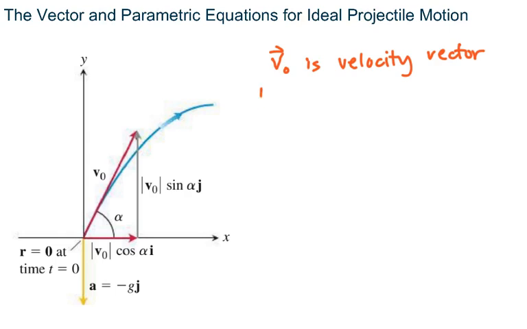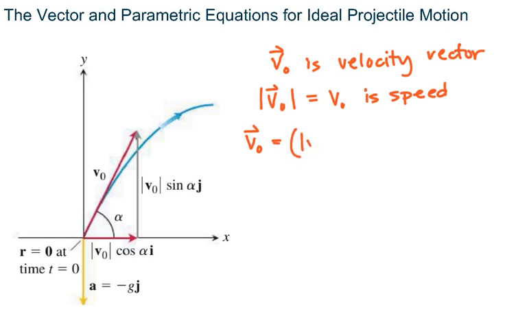Now, one thing we know, the magnitude of the velocity vector, we'll call that V naught, without vector notation above it, is speed. So we have speed here. And V naught, our velocity vector here, can be written in component form.